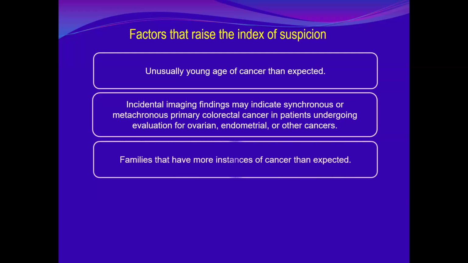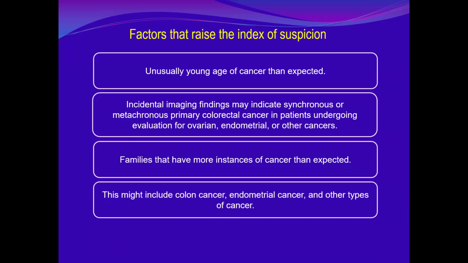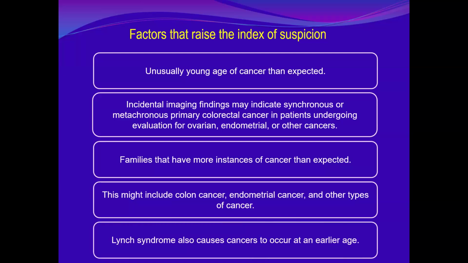We have to think about such types of genetic or familial cancers, and whether members of the family have cancer, and this might include colon cancer, endometrial, and other types of cancer as we mentioned earlier.